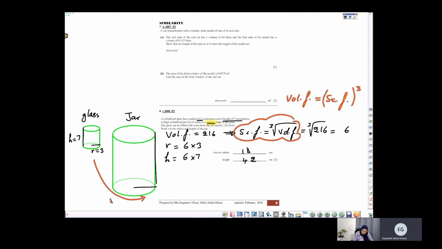The radius, you multiply it by 6, so this radius will be 18. And the height, you multiply it also by 6, so the bigger height will be 42. But the volume, you multiply it by 216 to find the volume of the jar.